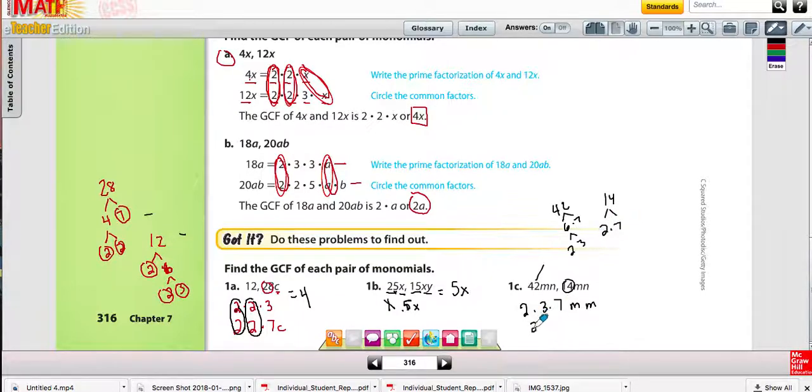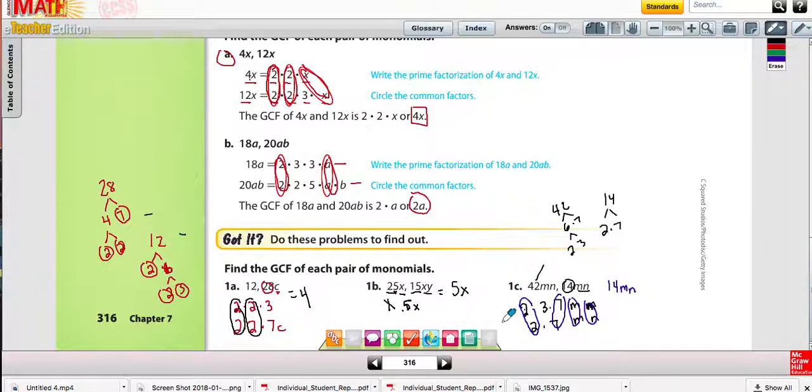So I'm going to put 2 times 7 times m times n. Now let's find what they have in common. They have a 2 and a 7, an m and an n. So they actually have 2 times 7, which is 14, an m and an n in common.